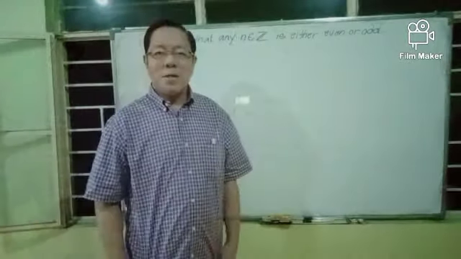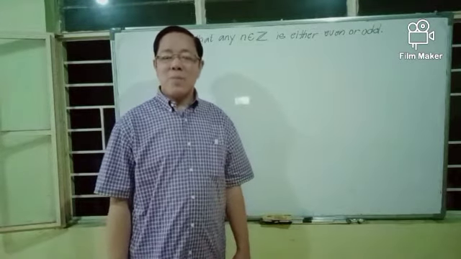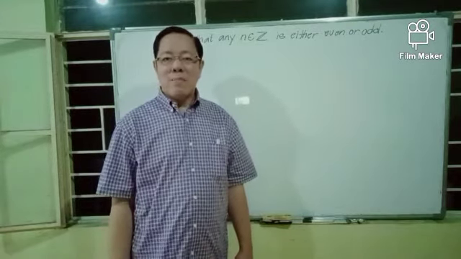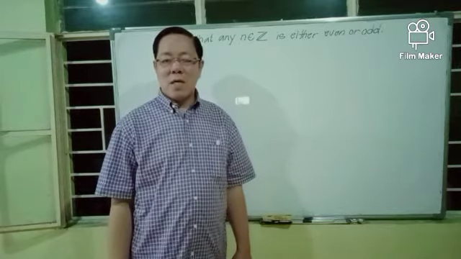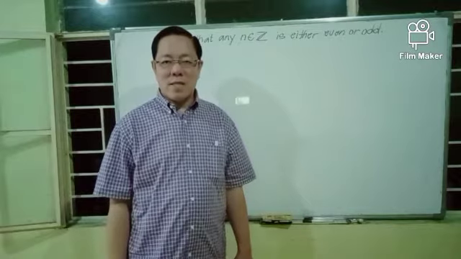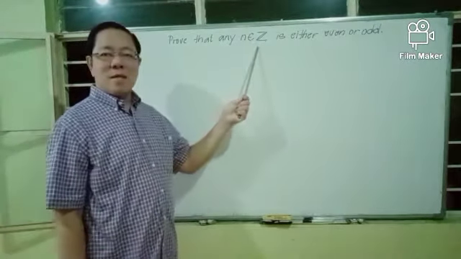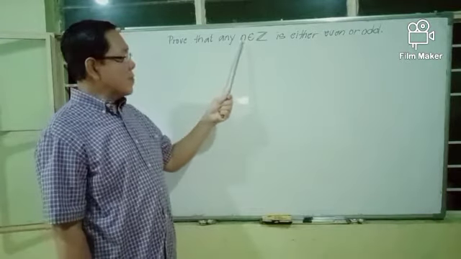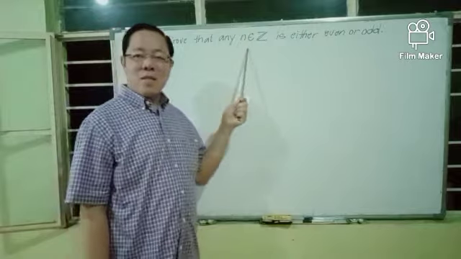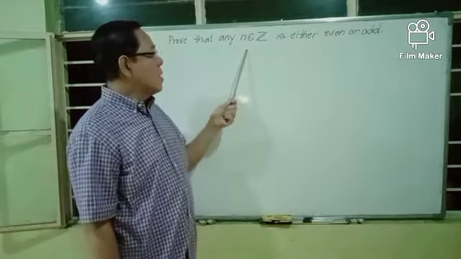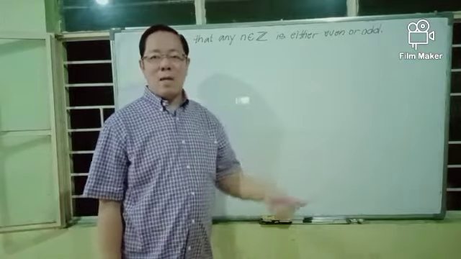Show that any integer element of the set Z of integers is either even or odd, but not both. An integer cannot be both even and odd at the same time. Prove that n, element of Z, the set of integers. Therefore, n here is any integer, can be negative integer, positive integer, or 0. And n is either even or odd.